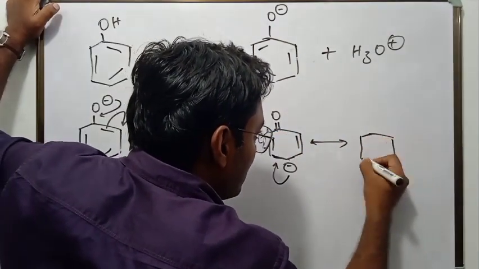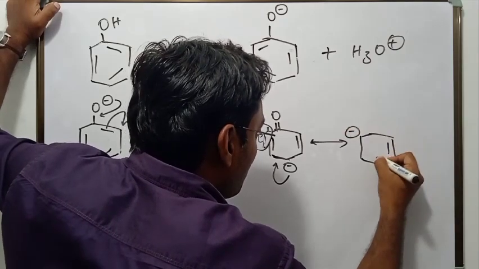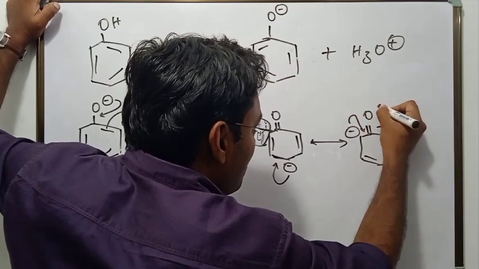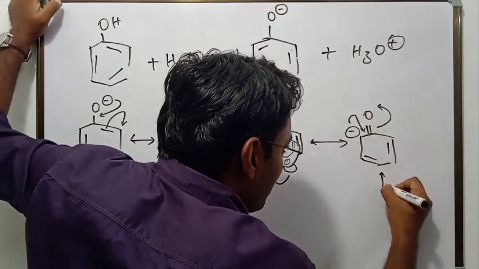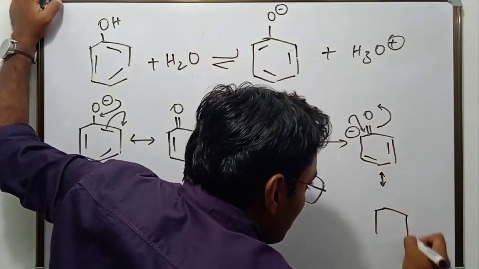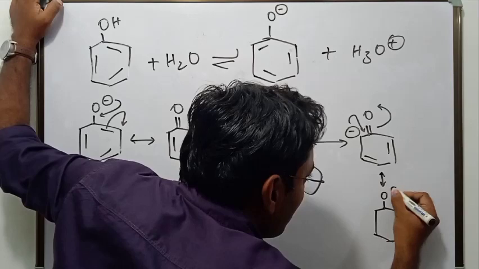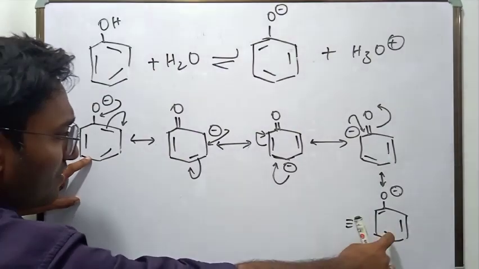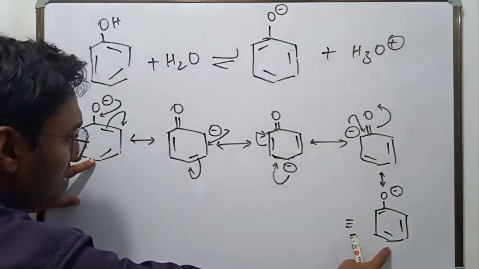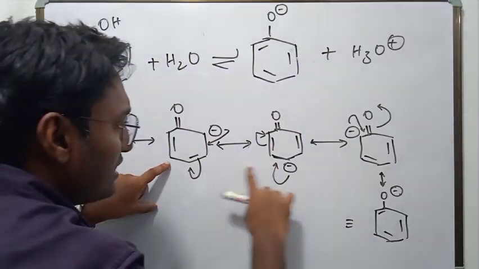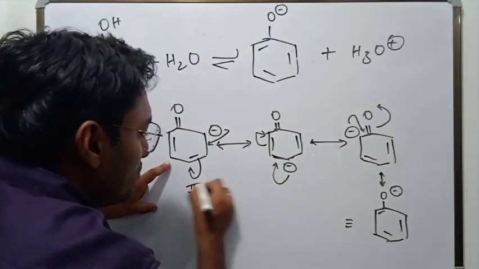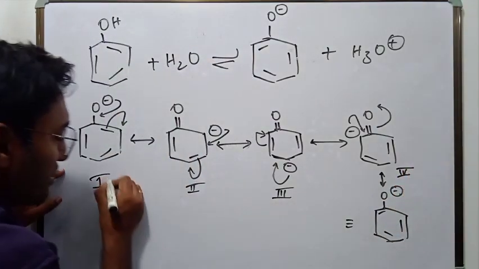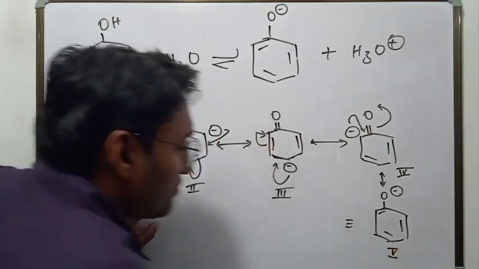What we are seeing here is the resonating structure of the phenoxide ion. This same resonance will make it very stable. So you can see here one complete circle, the Kekulé form of the resonating structure, and structures 2, 3 and 4 are the resonating structures of the phenoxide ion, and structures number 1 and 5 are the Kekulé forms.